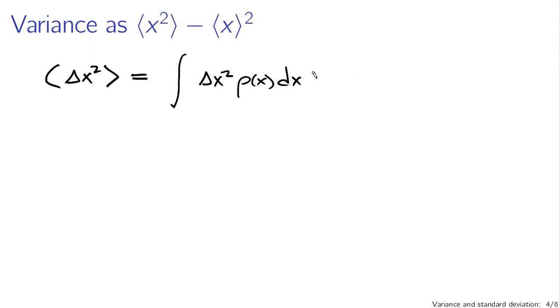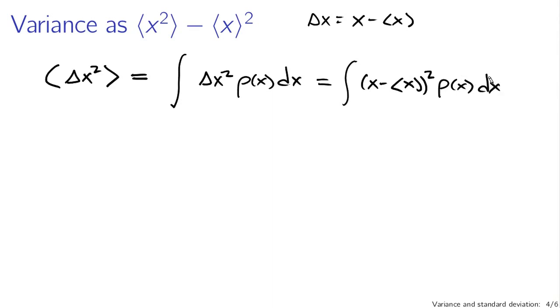Now delta x squared, we know what delta x is. Delta x is x minus the expected value of x, so we can plug that in here, and we're going to get the integral of x minus expected value of x squared times rho of x dx.